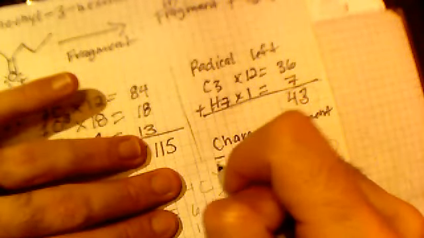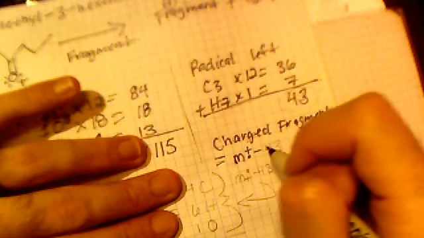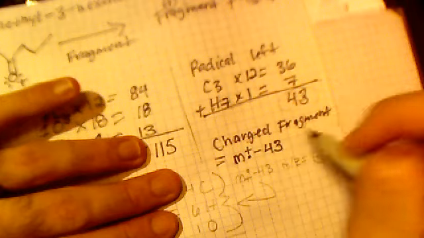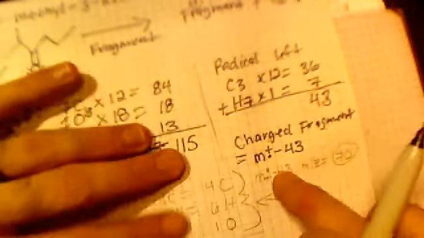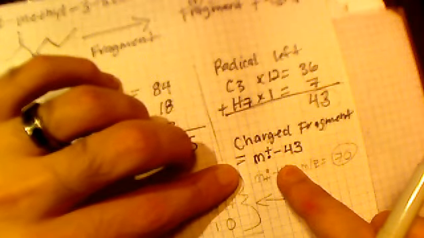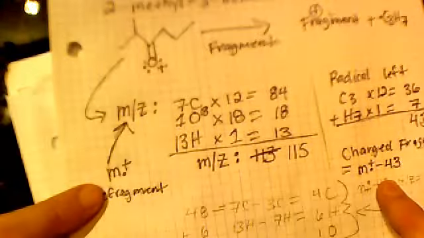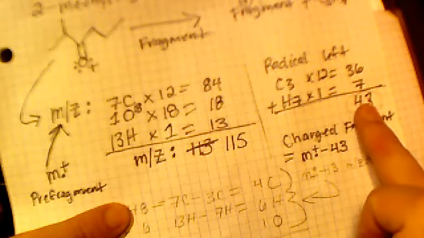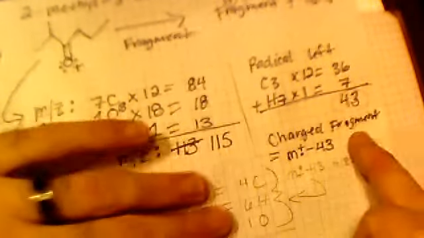So the charged fragment is going to equal the particle prior to fragmentation minus 43, the neutral radical that left.